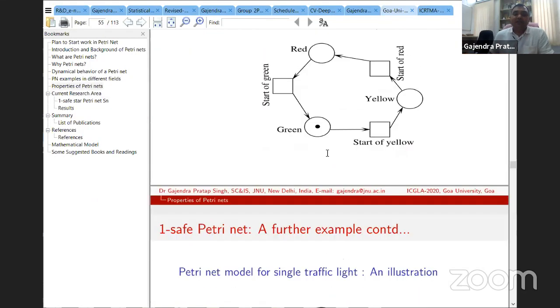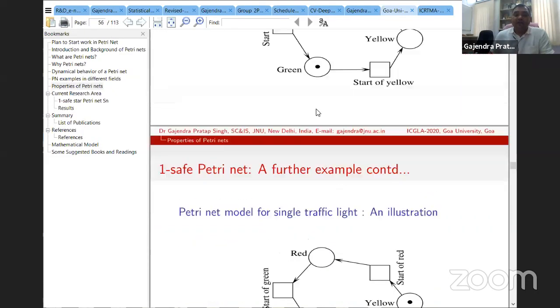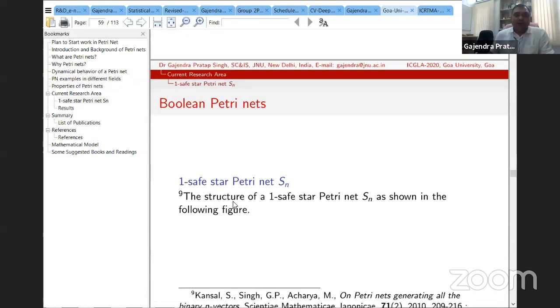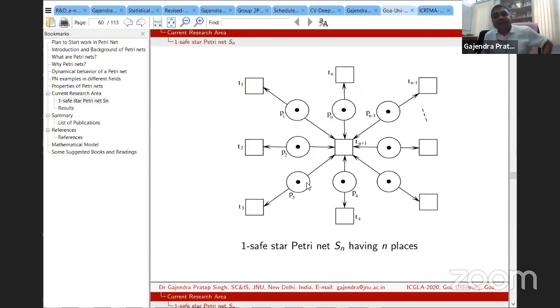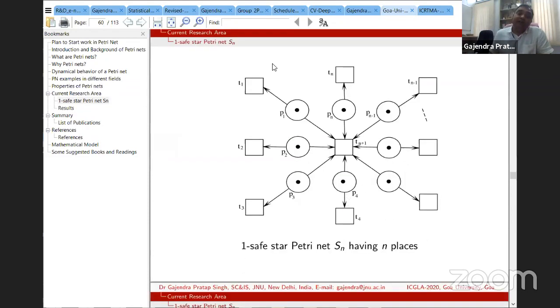By using the property of safeness, where the tokens never exceed 1 for every place, the idea comes from the star graph. Basically, everybody knows about the star. Then we subdivide the edges and vertices of the star graph K1,n.